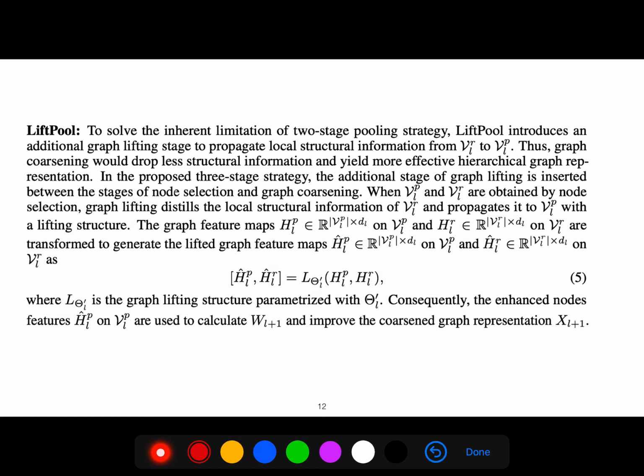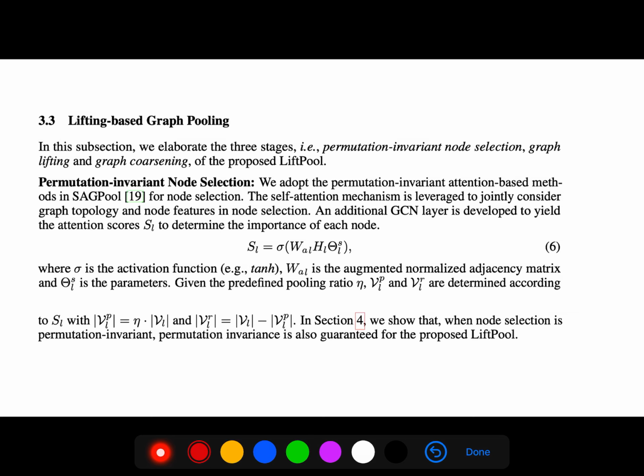So the graph feature maps are transformed to generate lifted graph feature maps. This is important, the permutation invariant node selection. We adopt permutation invariant attention-based methods, which is also done in SAGPool. I've explained this in a different video. The self-attention mechanism is leveraged to jointly consider graph topology and node features in node selection.